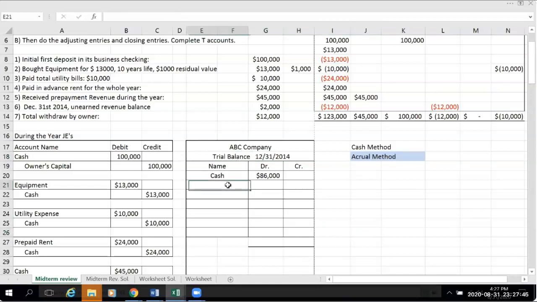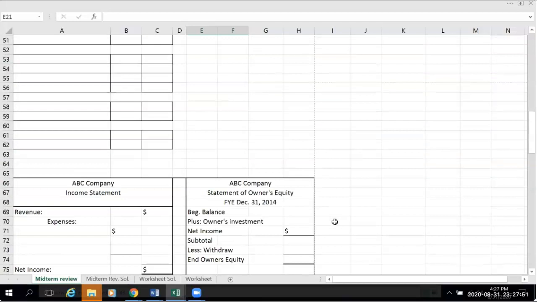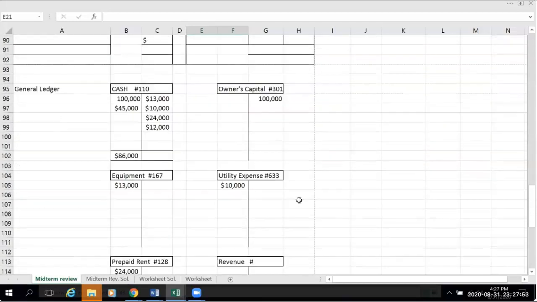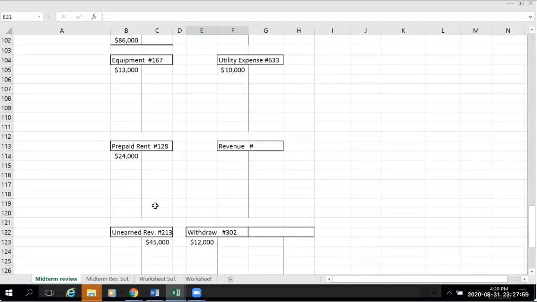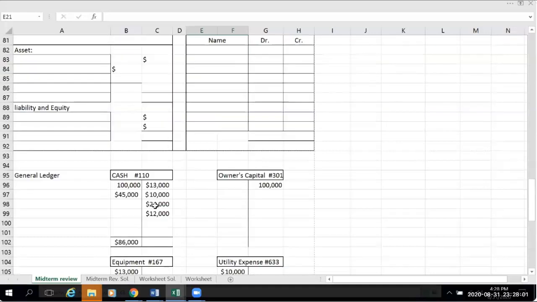So here we go. Next one, after cash. What is the most liquid after cash? Let's watch. After cash, the most liquid asset is prepaid rent. That's it. Okay, so prepaid rent. Let's go.